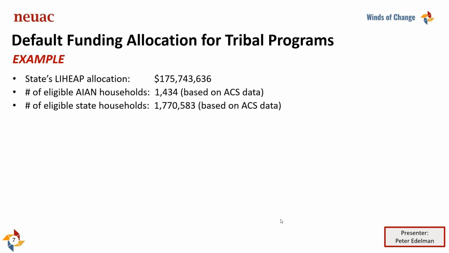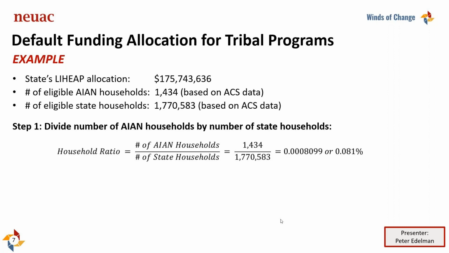These are just hypothetical figures, but they are fairly realistic. So you start off with the state's LIHEAP allocation. The number of AIAN stands for American Indian Alaska Native households, and then the number of eligible state households. And you notice those are both based on ACS data, which is the same thing as the custom tabulations. So from there, you divide the tribe's households by the state's households, get a percentage.